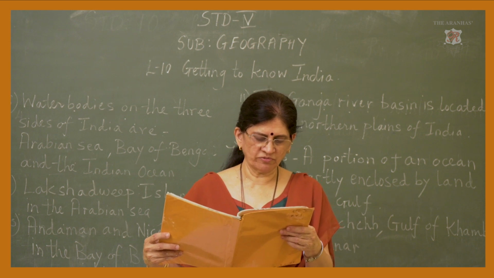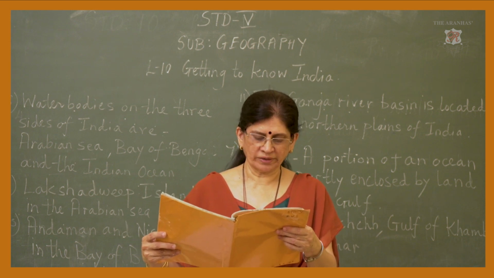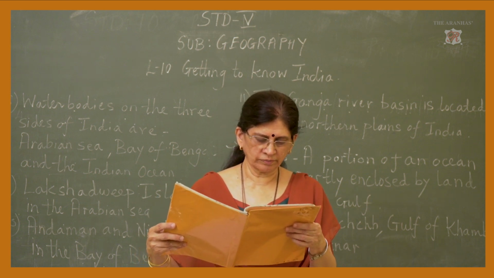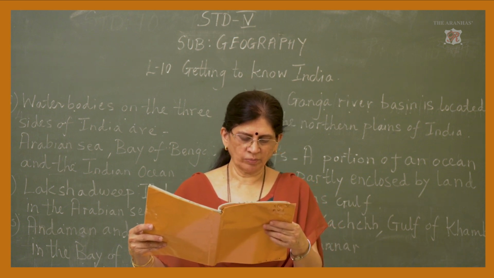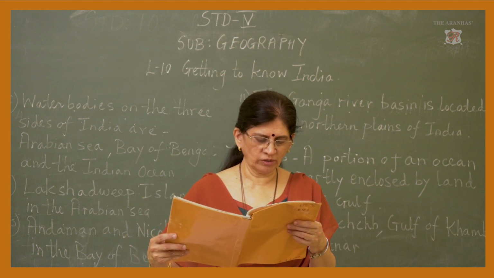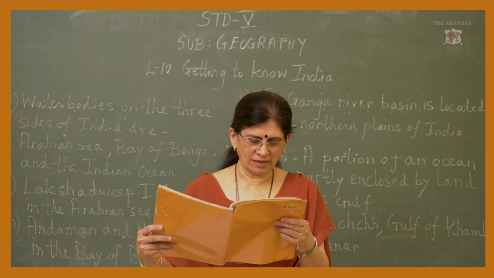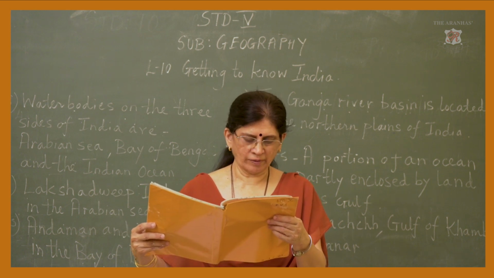Similarly, there is also a difference in the crops cultivated. Wheat is a primary crop in the north. Rice is a primary crop in the south and along the coast. Jowar is produced on a large scale in central India.